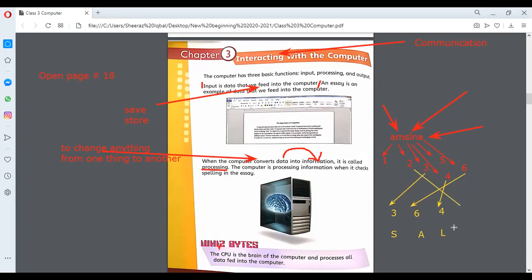Then we take the number 2. We put the 2 there. Let me write 2 here. On the 2 we have M. And now we are taking another word.